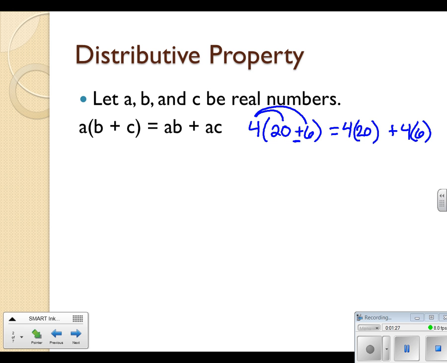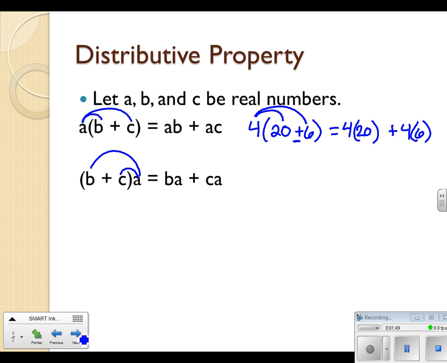We could continue simplifying. We're just going to leave it like that for now to show what the distributive property does. Same works if I have a real number on the outside of the parentheses to the right. You're distributing the A to the B and the C this direction, where up here we did it from the left. So now we're just doing it from the right.